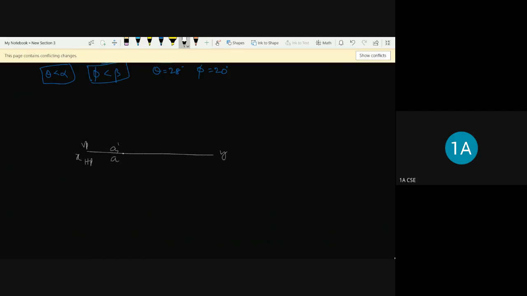This point represents A dash comma A. And draw 30 degrees inclination and 45 degrees inclination from this point only, because A is assumed to be on HP as well as on VP. You need to assume this here because he has not mentioned it. So the A position will be obtained here. Now we can find.